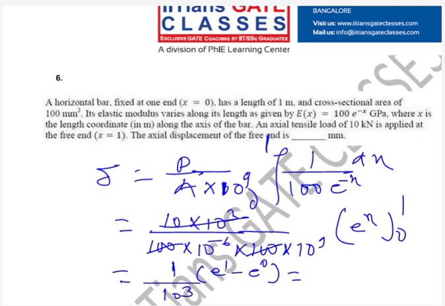So it is 1 upon 10 to the power 3, e power 1 is how much? 2.718 minus 1 meter. So it is in meter. So 1 upon 10 to the power 3 meter is what? mm. So the answer is how much? 1.718 mm.